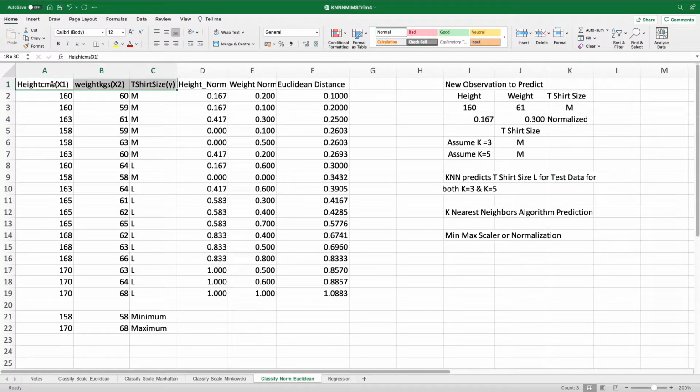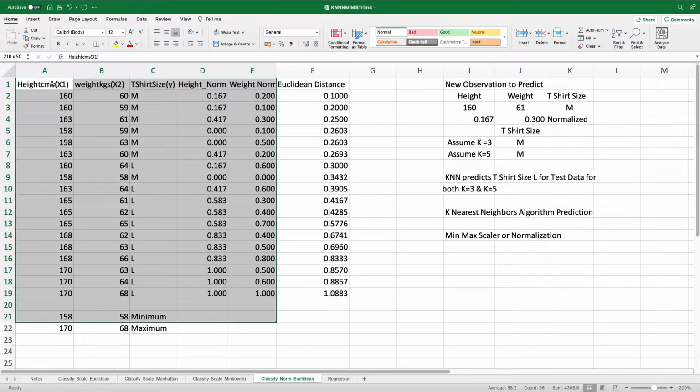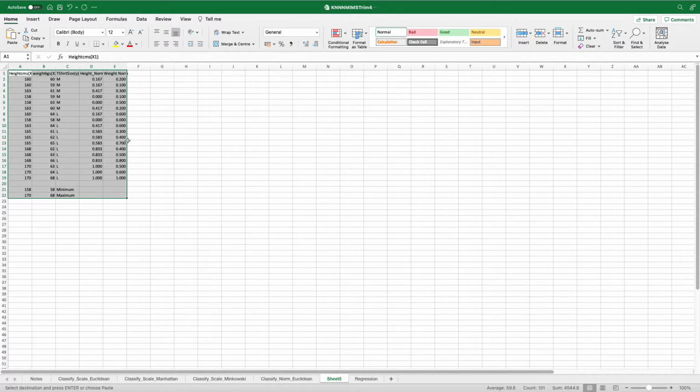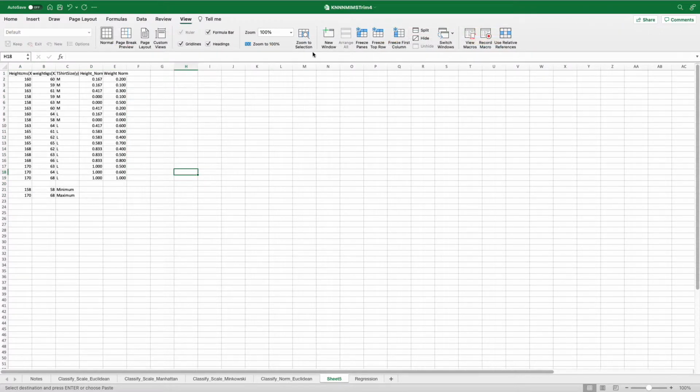So I will copy these values till norm, Control C, add a sheet, paste special as values and number formatting. Always when there are formulas involved, paste it as values and number formatting.